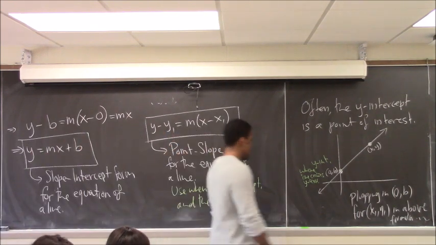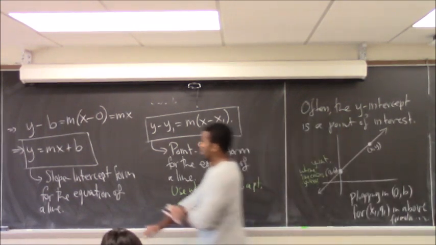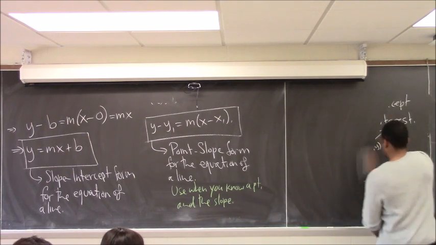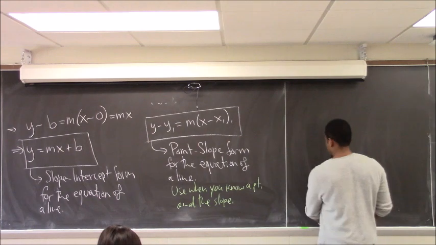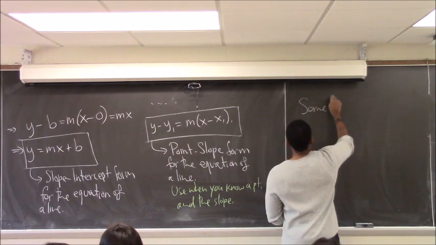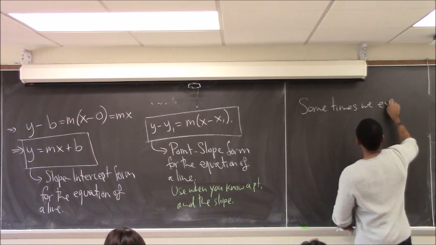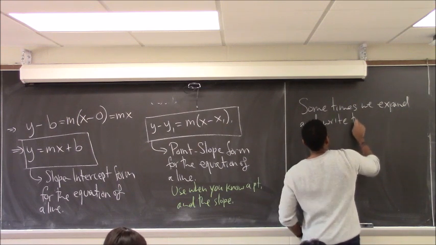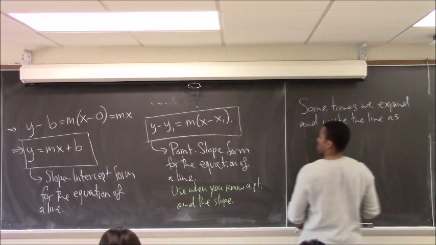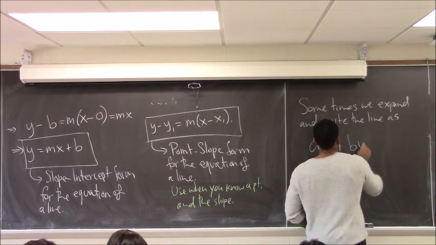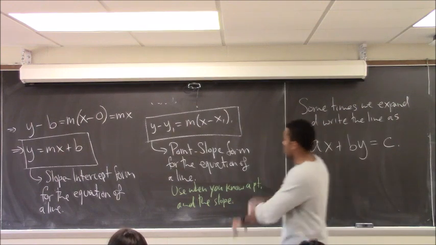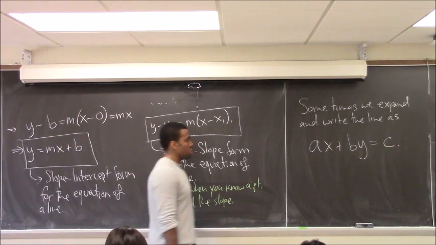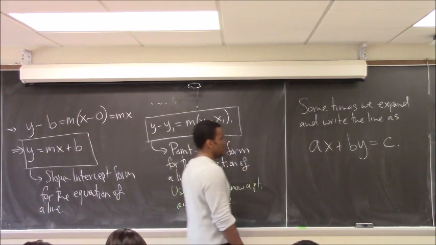So we can have lines in different flavors. Sometimes we'll expand all the brackets, we'll bring the x and y to one side, and then we'll multiply through by a number to clear all the denominators to get it in this form.